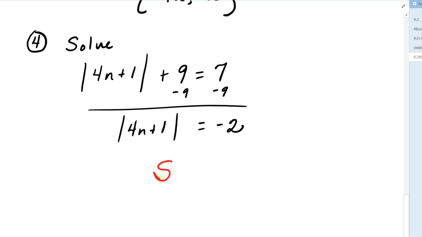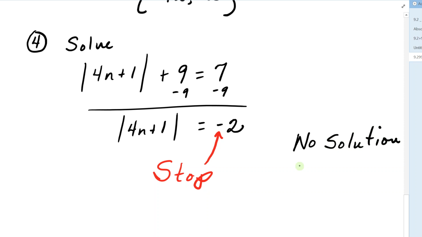I can stop. Because an absolute value cannot equal a negative, I have no solution, which sometimes is indicated with the set braces with nothing in them, or indicated with this symbol. I believe you will simply pick an option that says no solution.